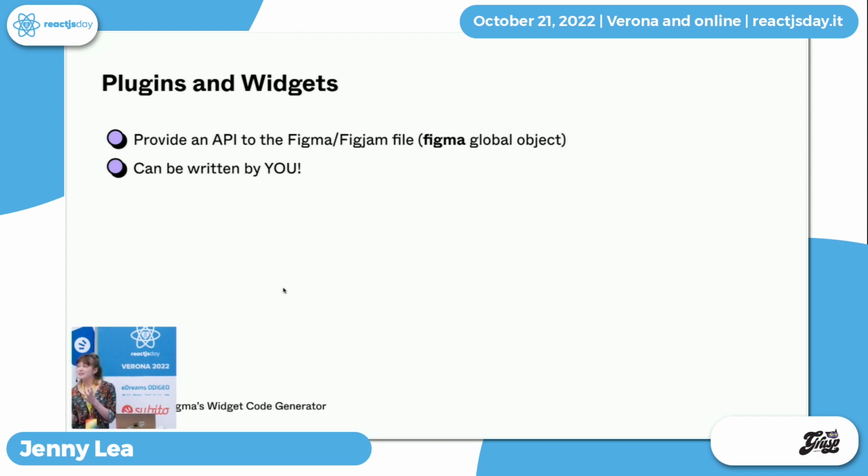Maybe some extra metadata stuff about seeing who's in the file and things like that. And also it's all public. So if you go on the website, there will be documentation for this API, and there is a community where you can publish your own plugins and use widgets and plugins from other people, which is really nice.